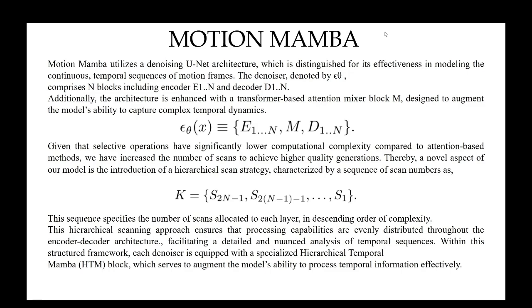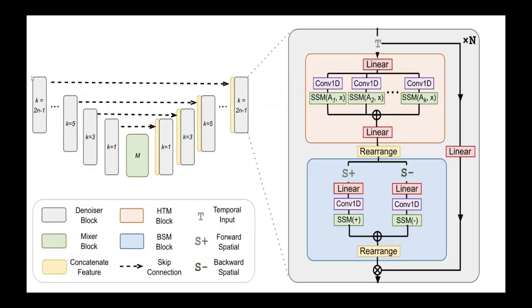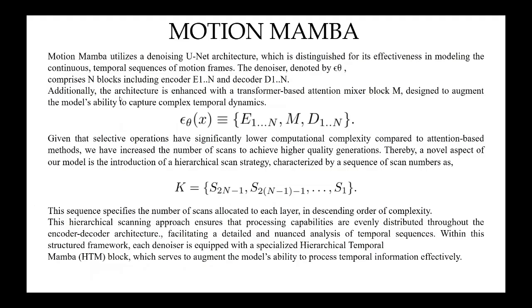The denoiser, denoted by E theta, comprises n blocks, including encoders E1 to En and decoders D1 to Dn. As you can see here, this part is our encoder part, this is our mixer part, which I will come to later on, and this is our decoder part. Additionally, the architecture is enhanced with the transformer-based attention mixer block M, designed to augment the model's ability to capture complex temporal dynamics.